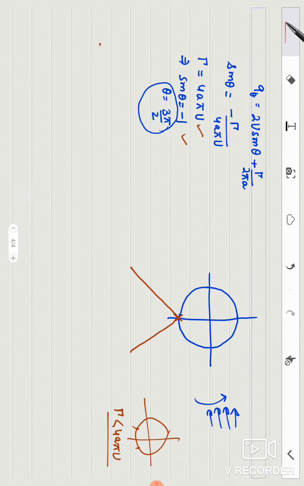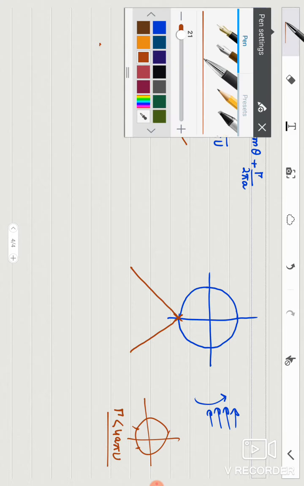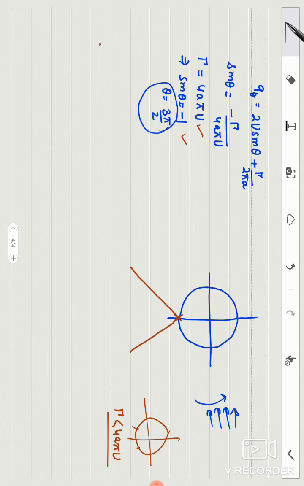So how will we draw our lines? Our lines will be flow lines. This will be the flow. This will go like this. Sorry.